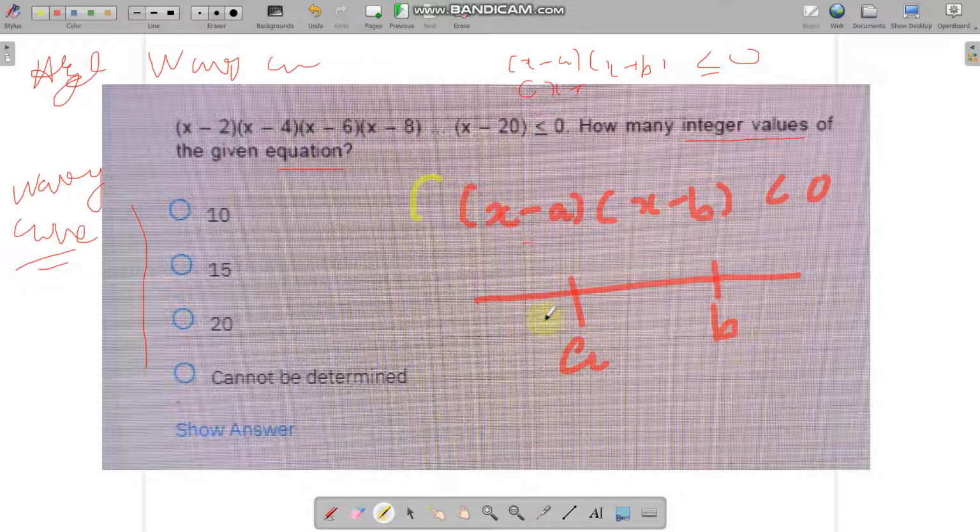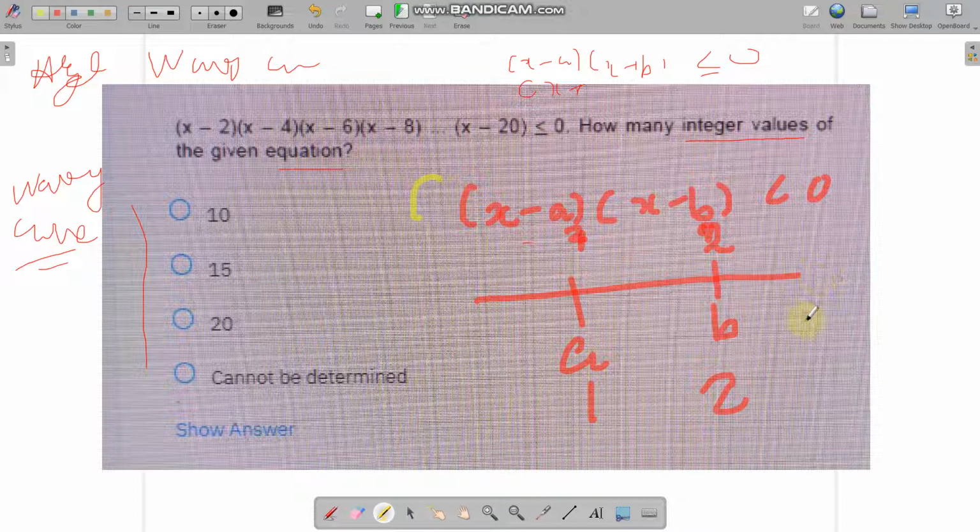Okay, now as soon as you draw this, the rightmost value is b, and all the portion to the right will give a positive value for the expression, isn't it? Say we had 1 here and 2 here.